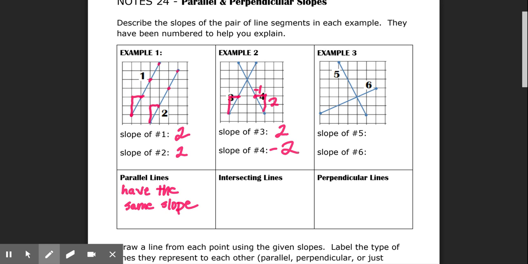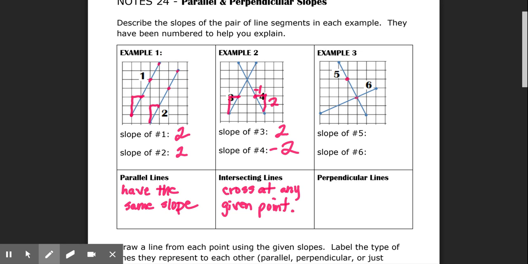So intersecting lines cross at any given point. All right, then let's look at example 3. So the slope of line 5, so I'm here.